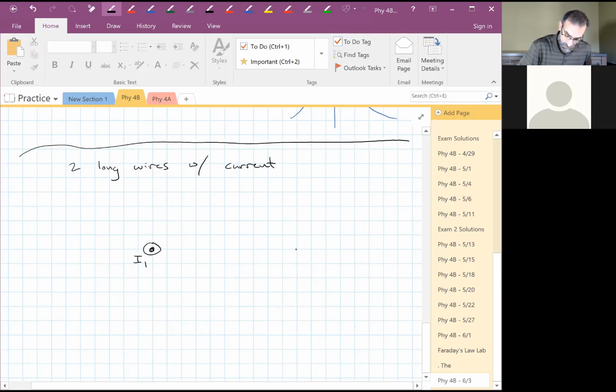And we've got wire 2 over here, which we have in the same direction. Now, what's going to happen? Are they going to interact with each other? Two long parallel current carrying wires.